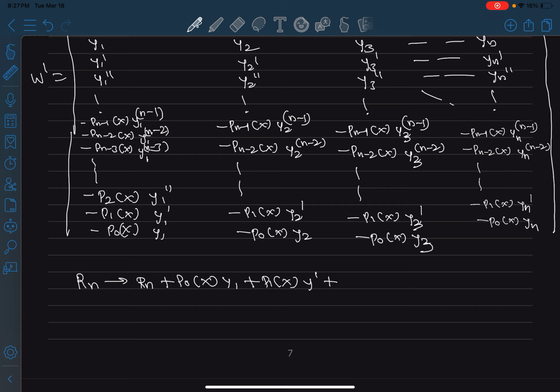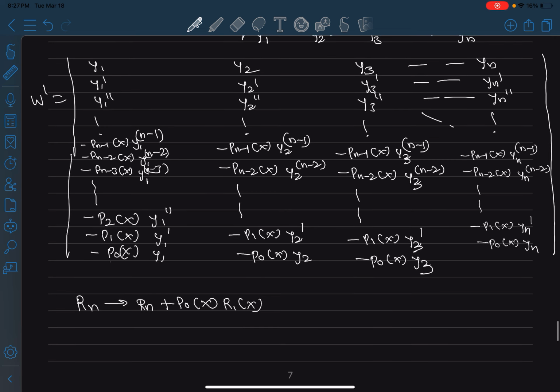If I add p0 of x times y1 like this, that cancels this term over here. So I'm basically trying to cancel these terms as much as I can.